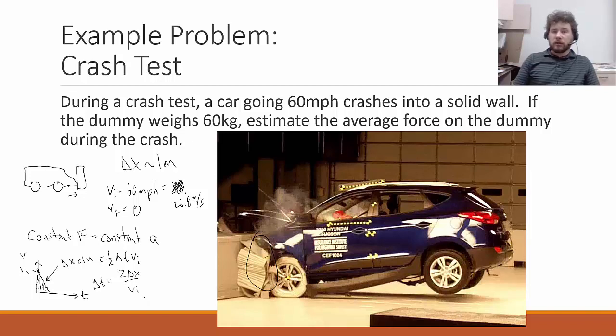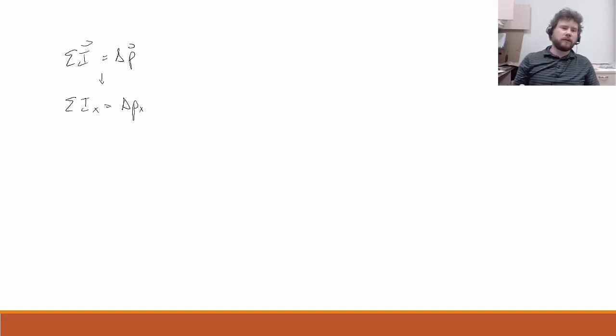Now the reason I would want to do this is there's a couple ways of estimating the average force. The way that I'll look at it is that the net impulse on an object equals the change in the momentum of that object. This is in general a vector equation, but because all the motion is horizontal in the direction I'm going to call x, I'll only consider the x components of these vectors.